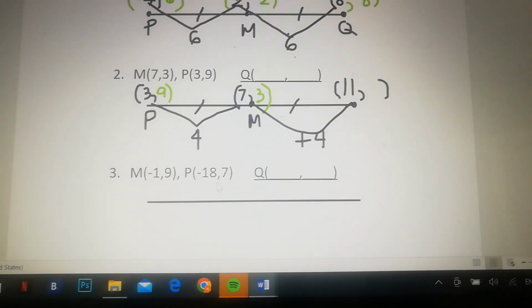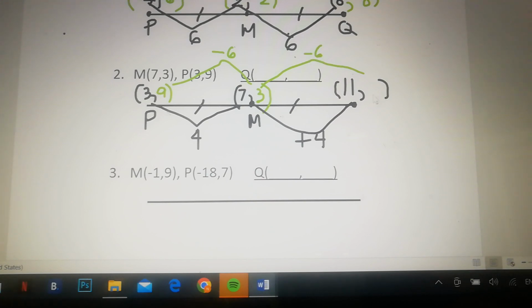Okay, and then the y coordinate. The difference is 3 minus 9, which is negative 6. So therefore, we will just add negative 6 to 3.